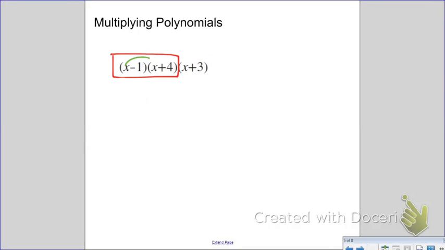So we have first, x squared; outside, 4x; inside, negative x; and last. Don't forget to combine those two in the middle to make 3x minus 4.